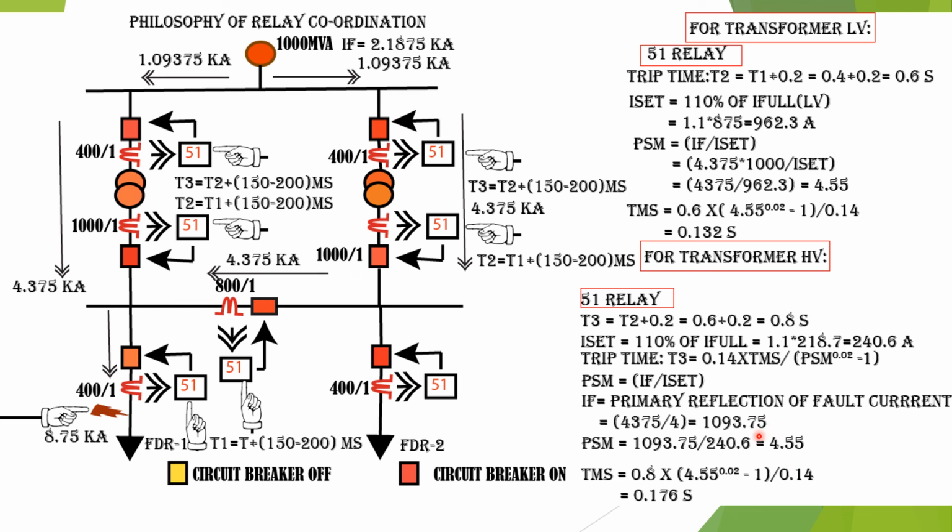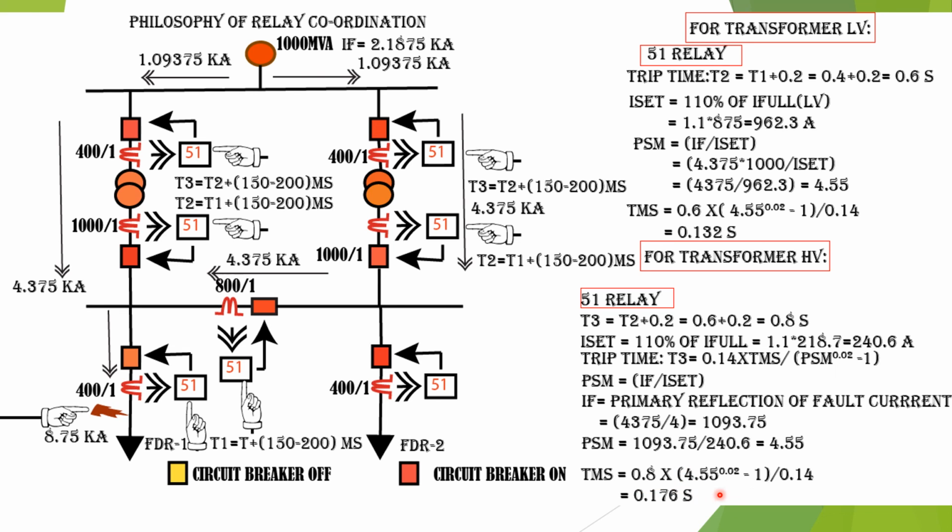So the value of the PSM is the same, since the fault current is supplied by the HV and LV side of the transformer, and the current set is the same for the LV side and HV side, that is 110% of the full load current. So here the value of the TMS comes as 0.8, that is the trip time, into PSM to the power 0.02 minus 1.